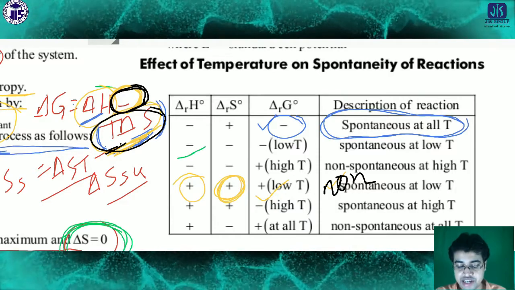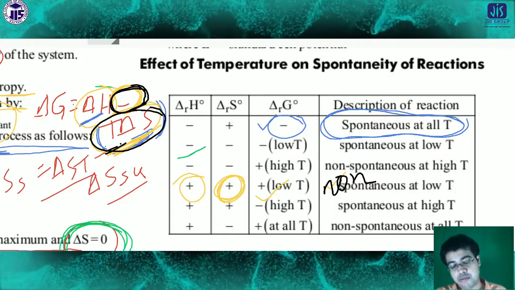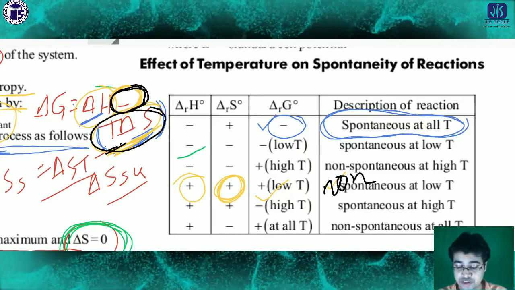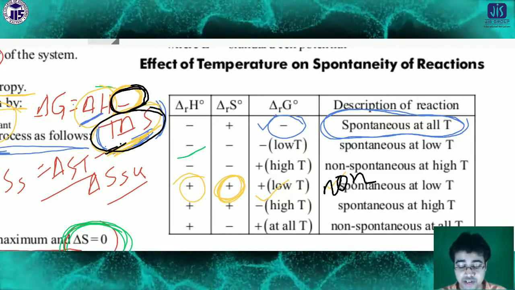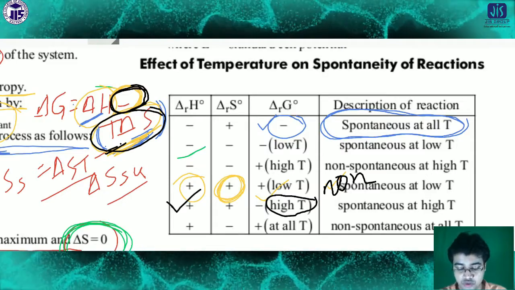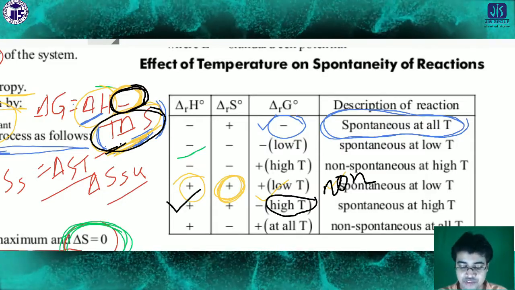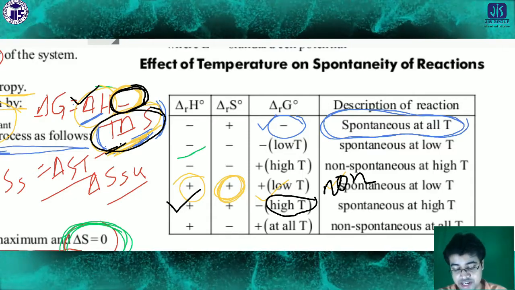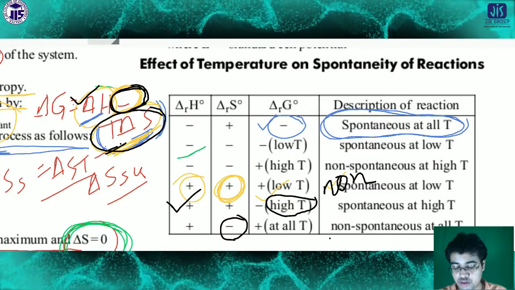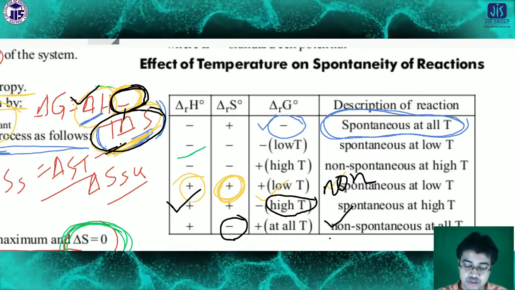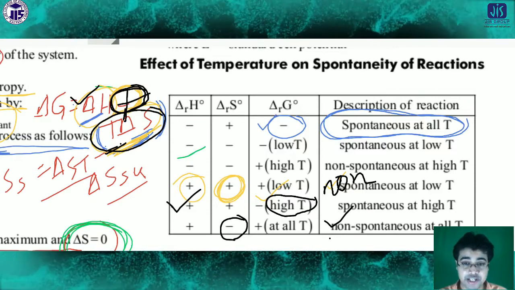So if the delta H value is positive, then it will be greater than T delta S, then delta G becomes positive, so it is non-spontaneous. But if the temperature is very high, then in the opposite case there is a chance of it being spontaneous. In the same way, if delta H is positive and delta S is negative, at all temperatures it will be non-spontaneous. Why? Because here the negative becomes positive, so there is no scope of getting delta G negative.